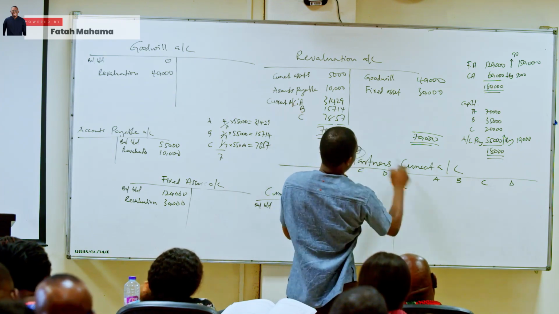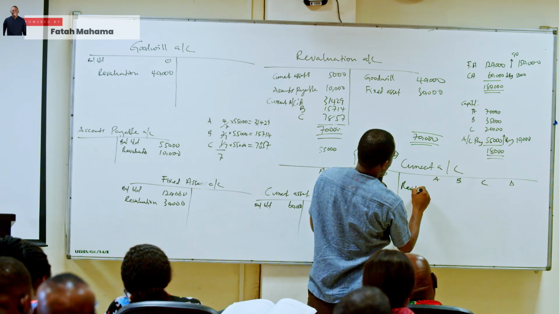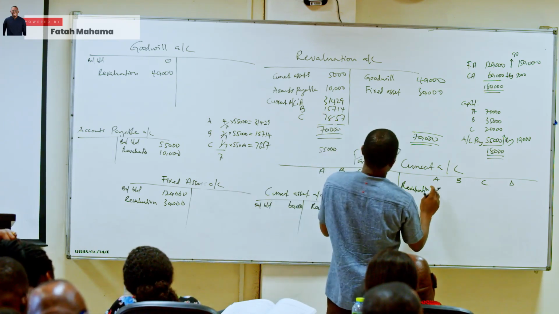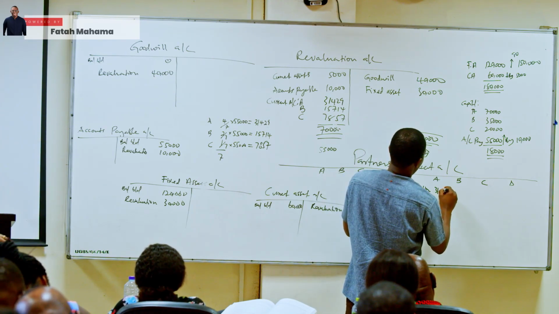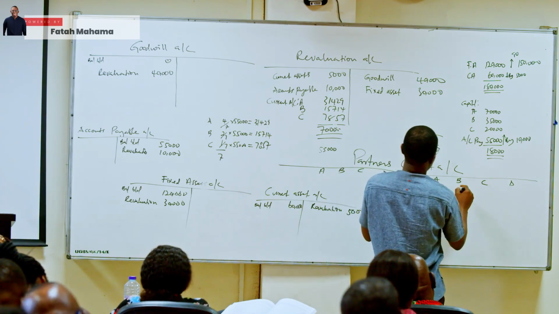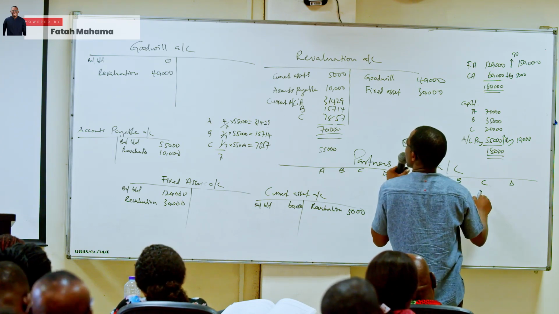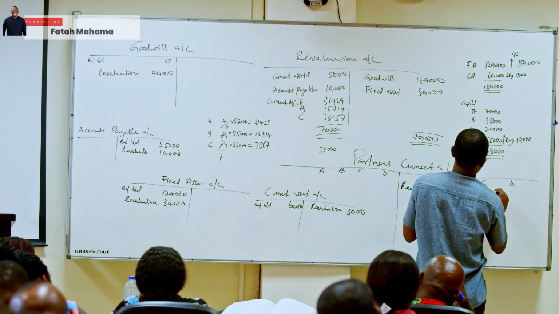See, this one, they have posted the corresponding credit, right? Revaluation. And like I said, it's the header of the account, right? So here, A is 31,429. B is 15,714. C is 7,857.